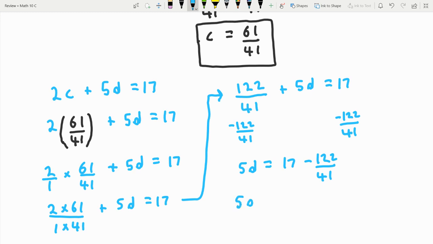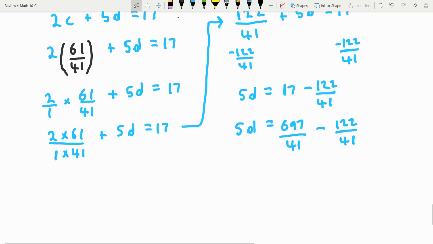If I do that, I get 5d equals, 17 times 41 should be 697, and 1 times 41 on the bottom is 41. So now I have 697 divided by 41 minus 122 divided by 41.